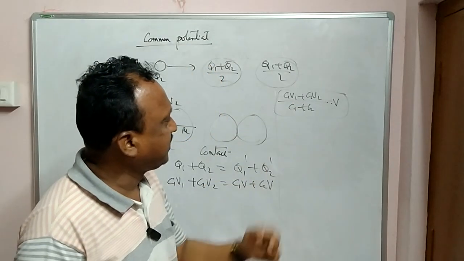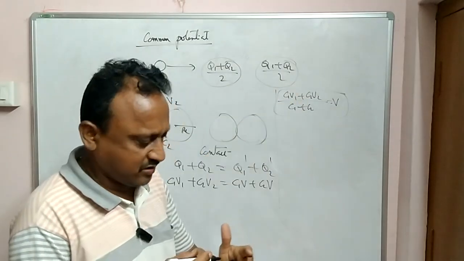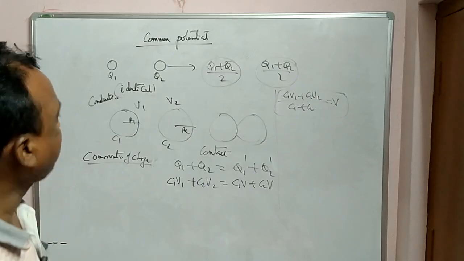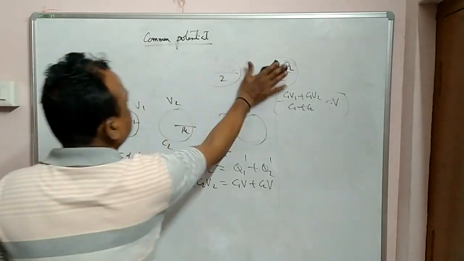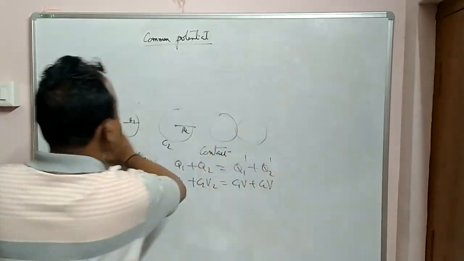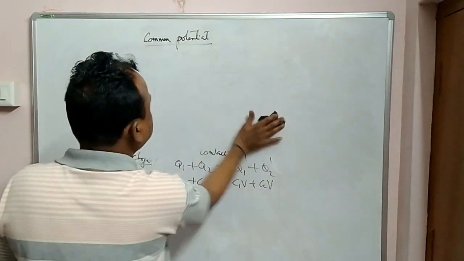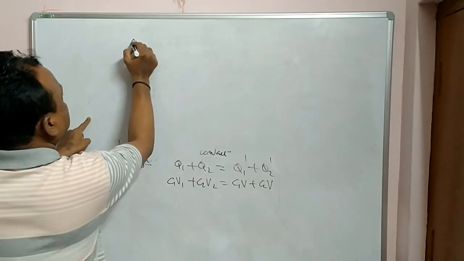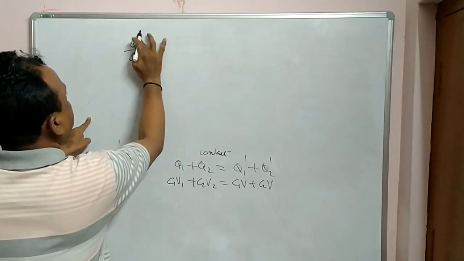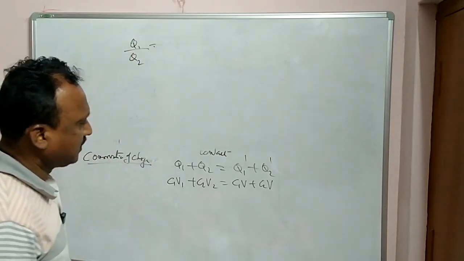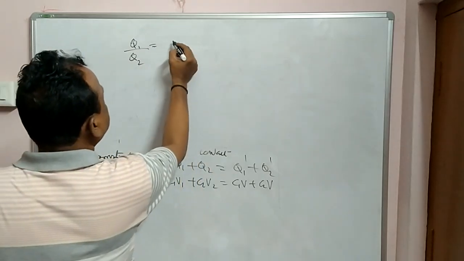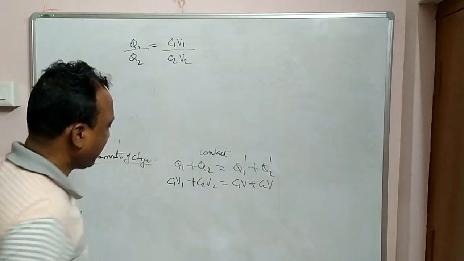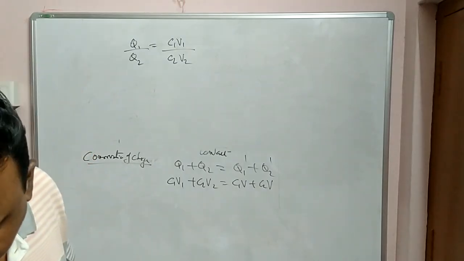ఏమైంది? C1 V1 plus C2 V2 by C1 plus C2. In the same way, if you want ratio of the charges, ratio ఎంత అవుతుంది value? Q1 by Q2 is equal to C1 V1, C2 V2.